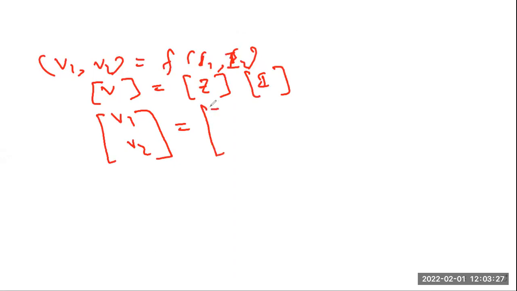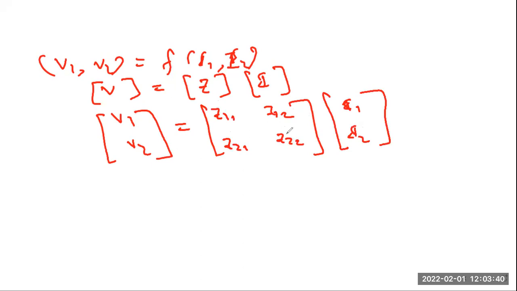Then you have Z11, Z12, Z21 and Z22, and then I1 and I2. These Z11, Z12, Z21 and Z22 are the impedance parameters of this particular network.